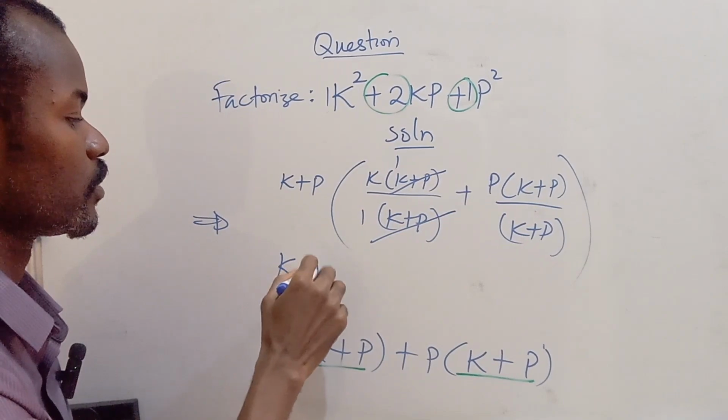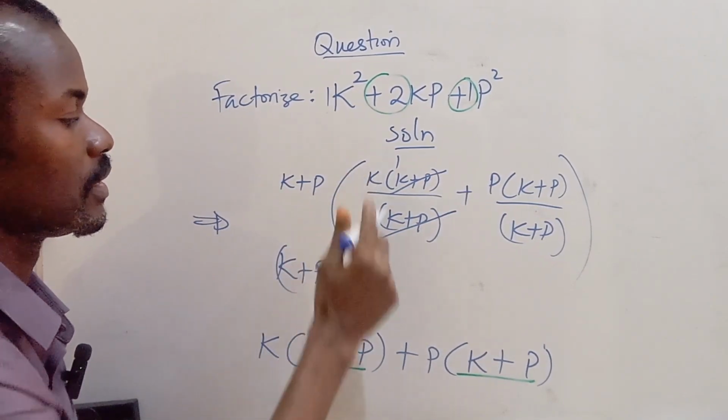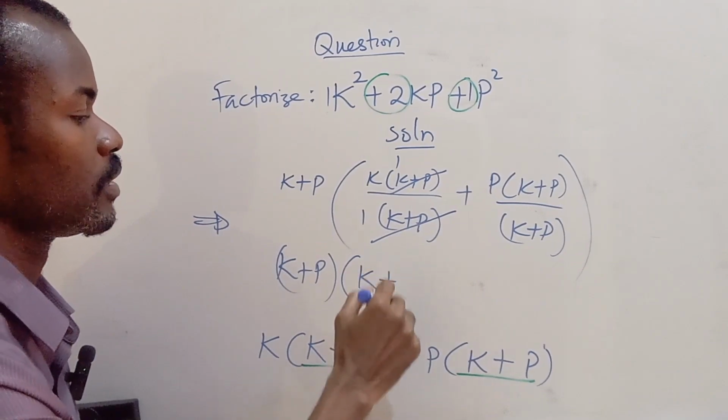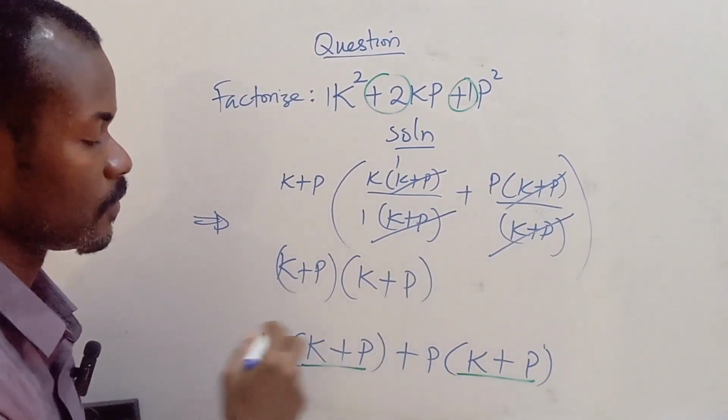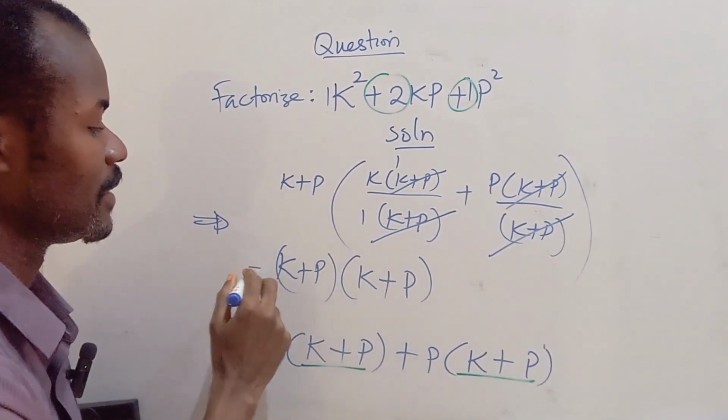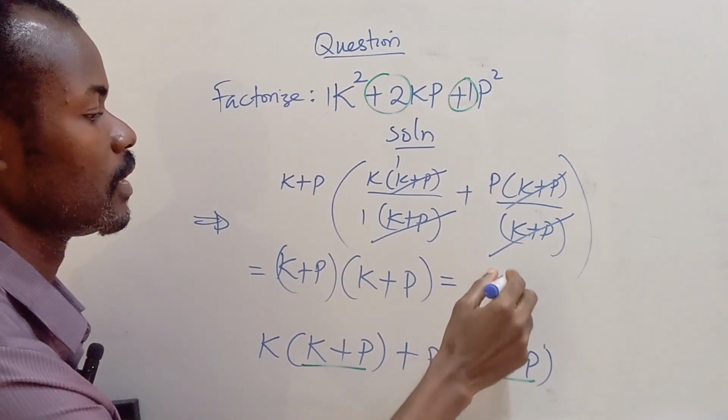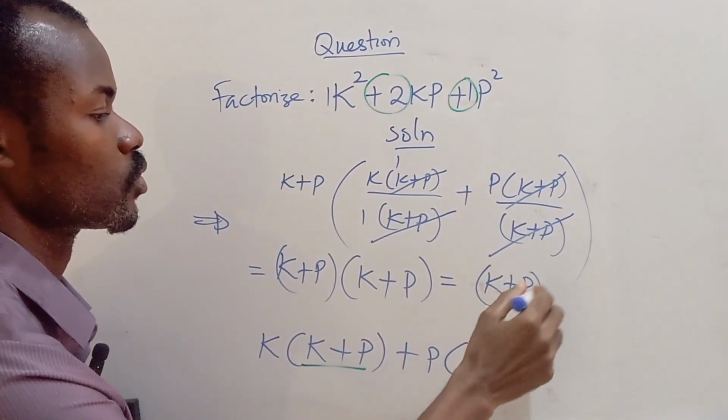So we have k plus p into this is k plus, this will cancel out, this is p. So this multiplied by this is also k plus p squared.